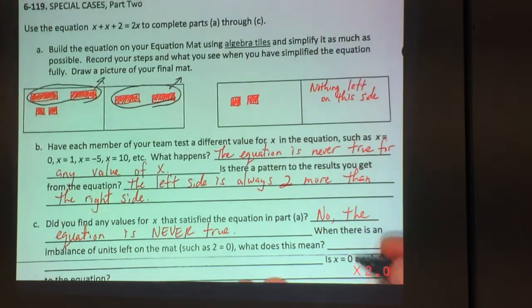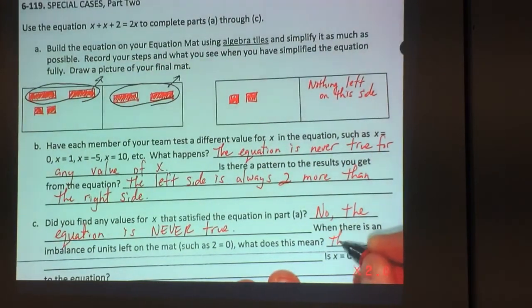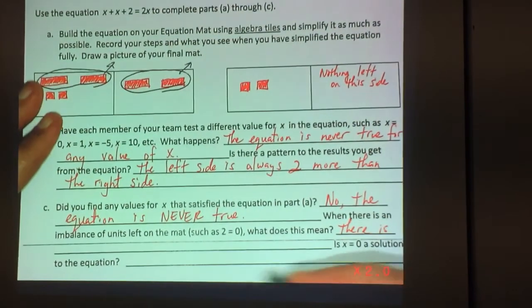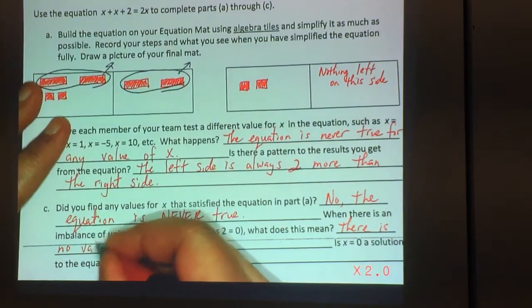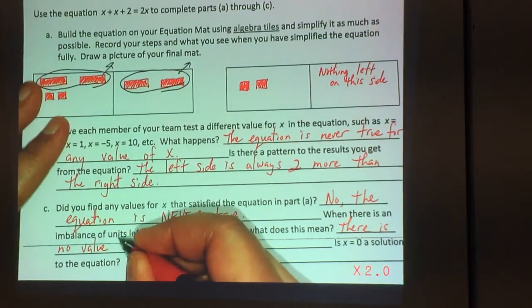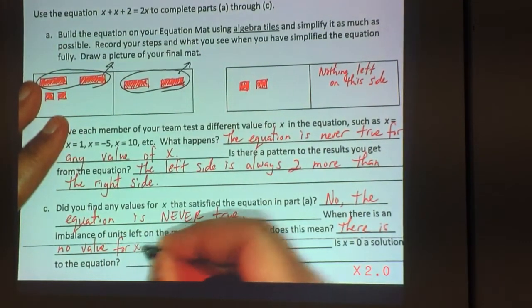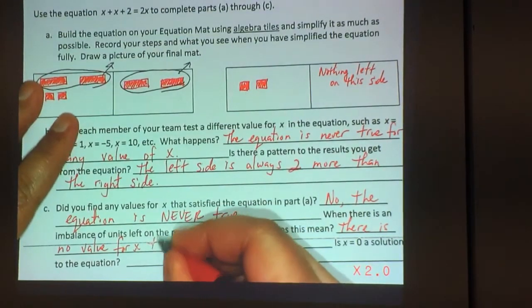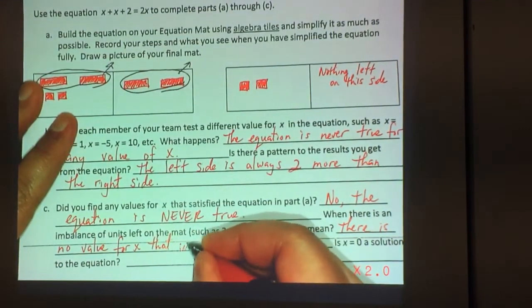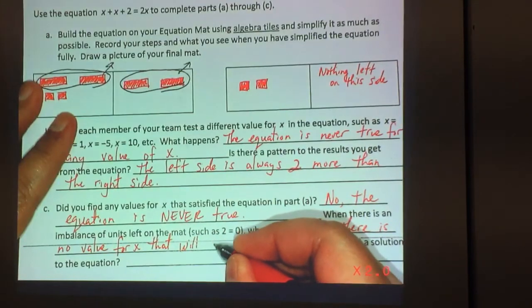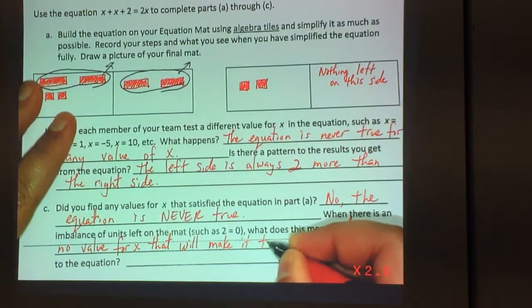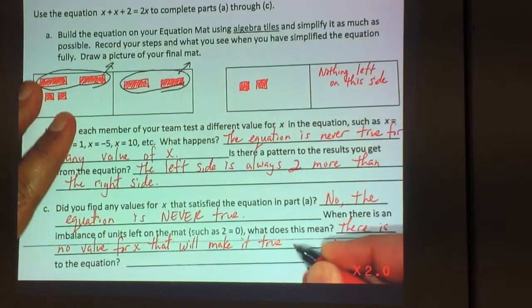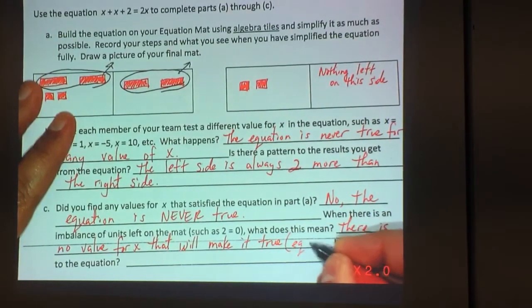That's right. There is no value for x that will make it true. And by true, I mean equal.